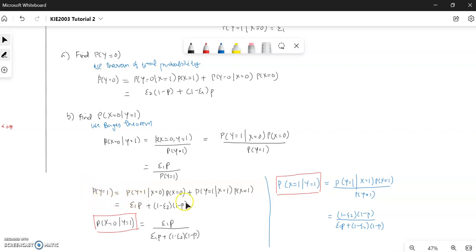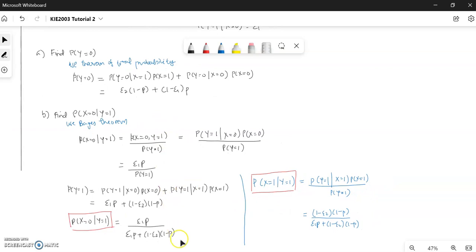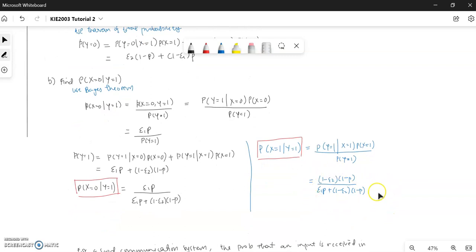We found it to be equal to this. Now we can find the probability that the input is 0 given that the output received is 1. Then we use the same method to find the probability that the input is 1 given that the output is 1. We found it to be as follows.